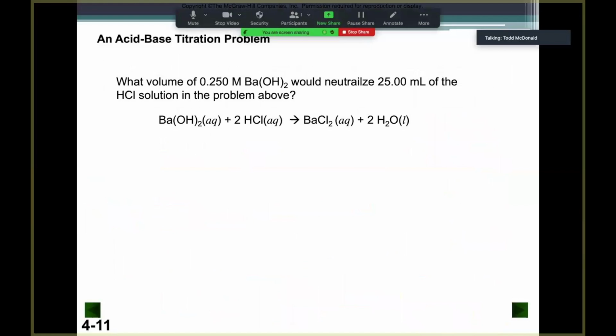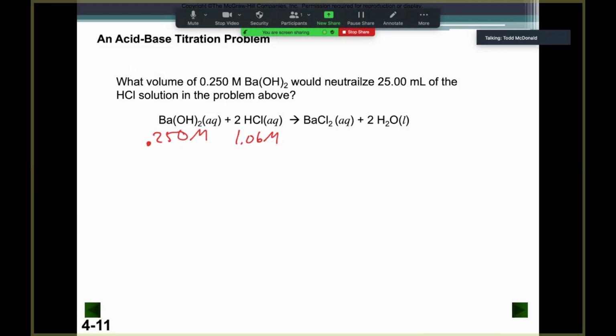It says, what volume of 0.250 molar barium hydroxide would neutralize 25 milliliters of HCl solution in the problem above? Well, the problem above we just did, and we found that our molarity is 1.06 molar hydrochloric acid. We know that the molarity of barium hydroxide is 0.250 molar.